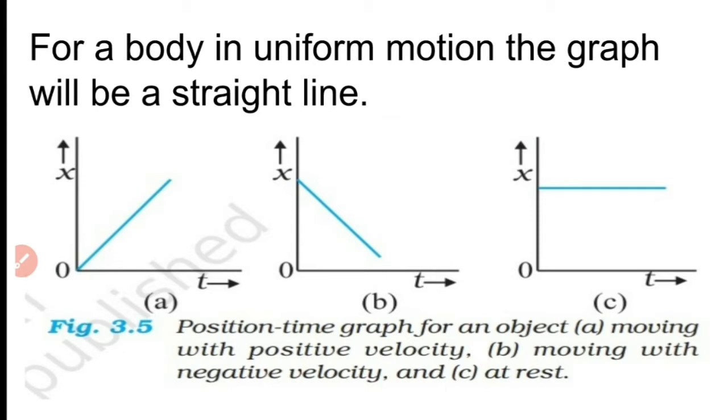So, a very important point: average velocity negative means the body is moving in the negative direction, and if average velocity is positive, the body is moving in the positive direction. That's what I stated in the beginning. Since average velocity is a vector quantity, the positive and negative sign shows the direction of motion.